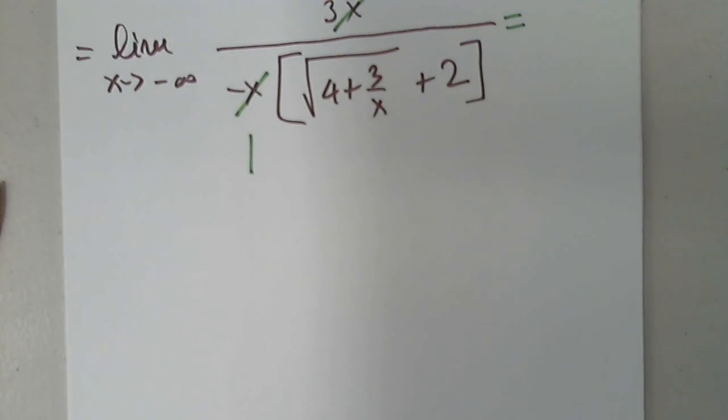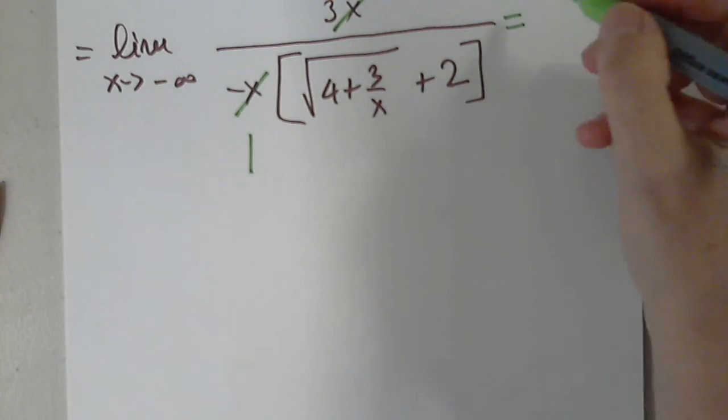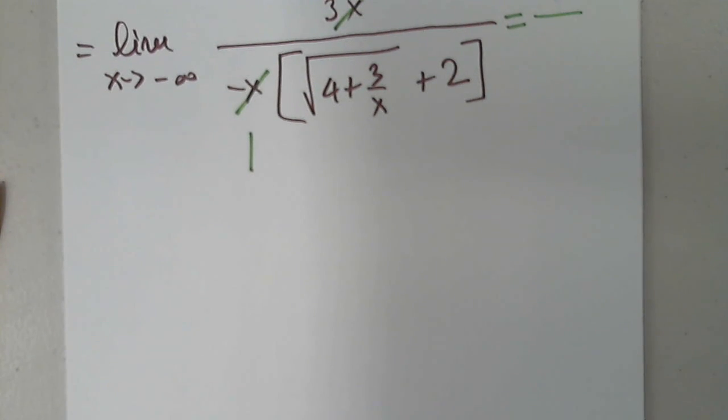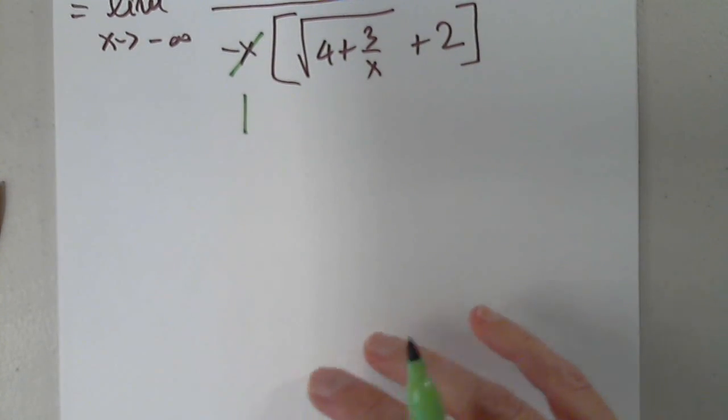And now I'm ready to write the limit. I removed the culprit. I removed the problem. That was the problem because x approaches negative infinity. X was the problem. So the top goes to? 3. Excellent. The denominator goes to? Negative x times the square root of 4 plus 3 over x, minus 2.